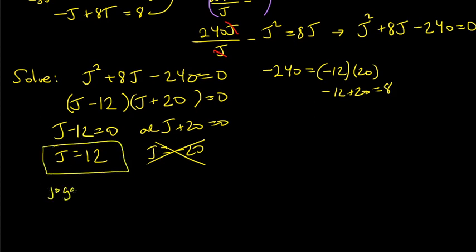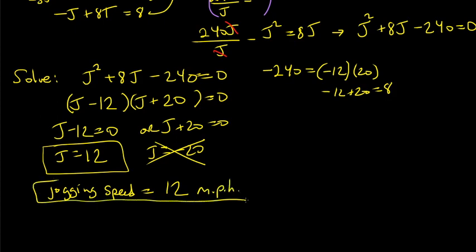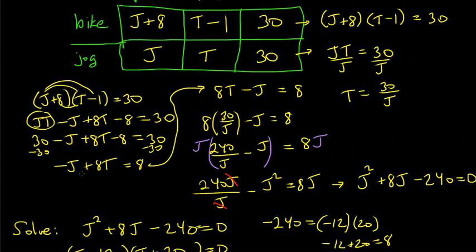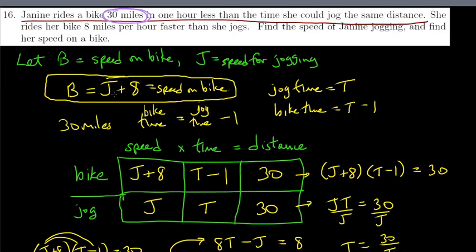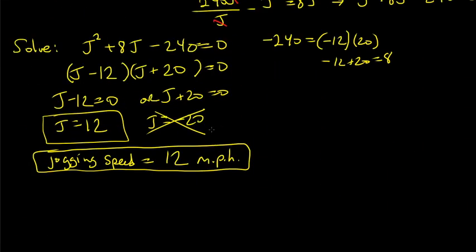So that means the jogging speed is 12 miles per hour. I think that's the answer. And oh, we're also looking for the speed on the bike. But remember, that's just 8 miles per hour faster. So 12 plus 8. So the bike speed, right, remember b was j plus 8.